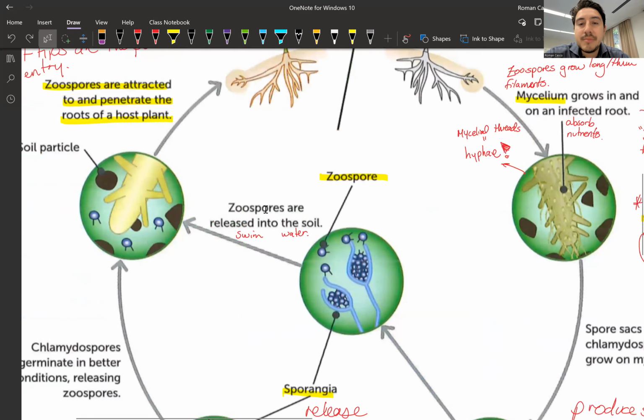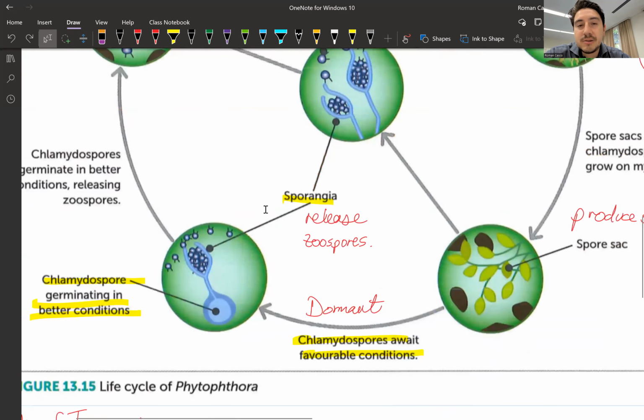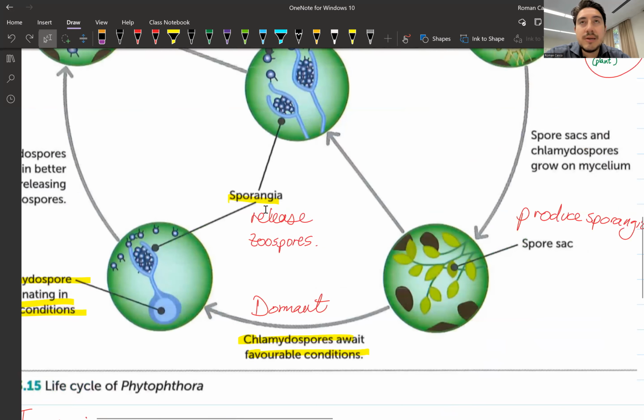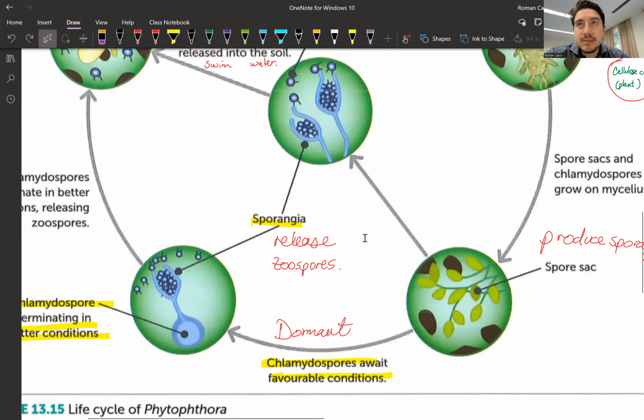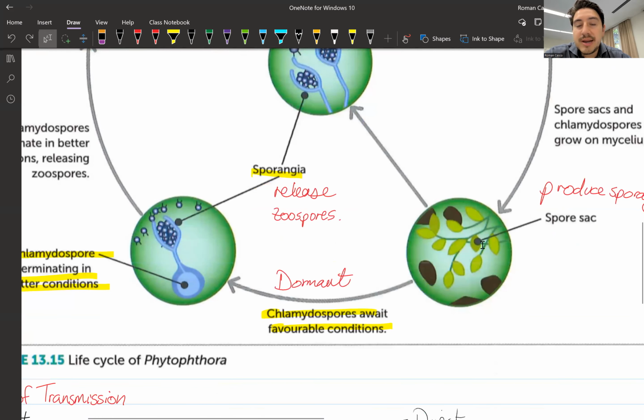All right, but let's say the conditions aren't warm, they're not humid, there's not enough water. One way or another, it's not a good environmental condition for the spores to grow, even for the sporangia to form fully. Well, the spore can actually go a different route and enter a dormant state.